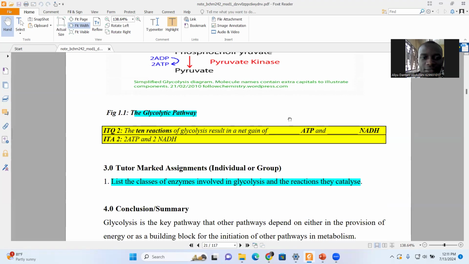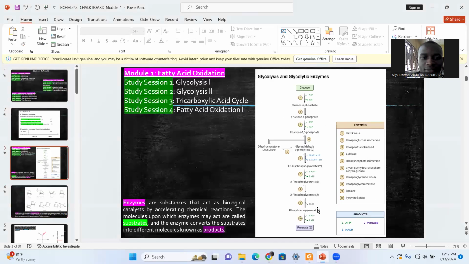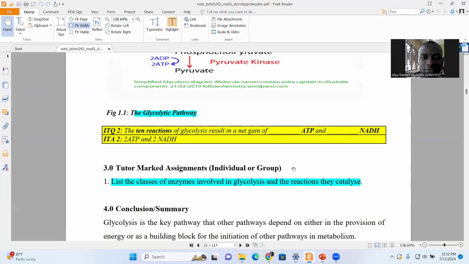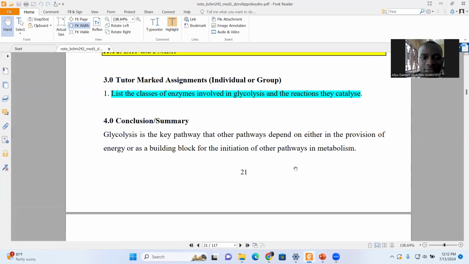The pathway might be new to you. Of course, you know glycolysis, but knowing it from a biochemical standpoint is something else entirely. So now, looking at the 10 reactions of glycolysis, they result in a net gain of dash ATP and dash NADH, right? I just finished presenting it here, okay? You can take your time, follow the reactions and see for yourself.